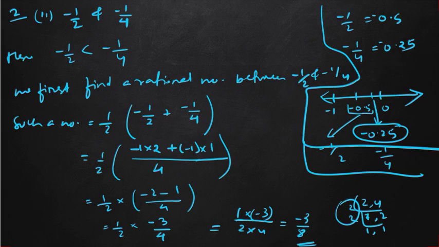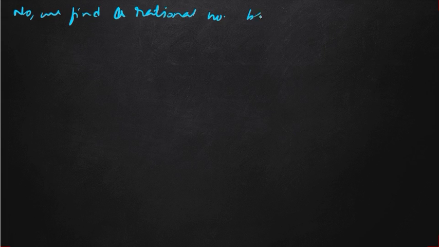So similarly we will find the next. Now we find a rational number between minus 1 by 2 and the next number, which we have just calculated, minus 3 by 8.